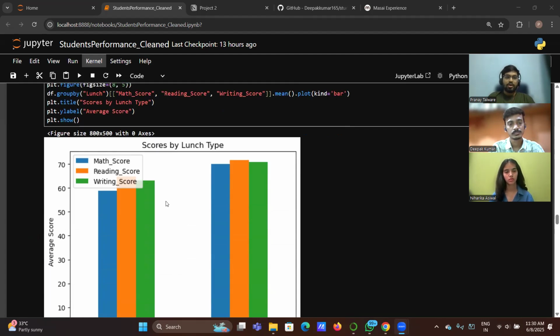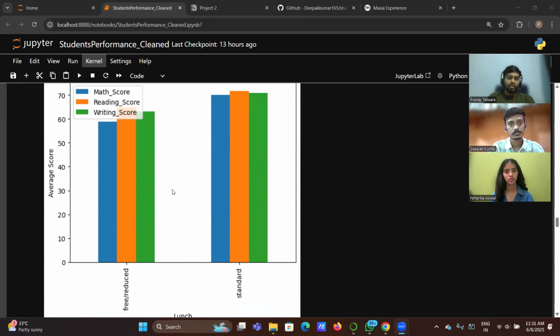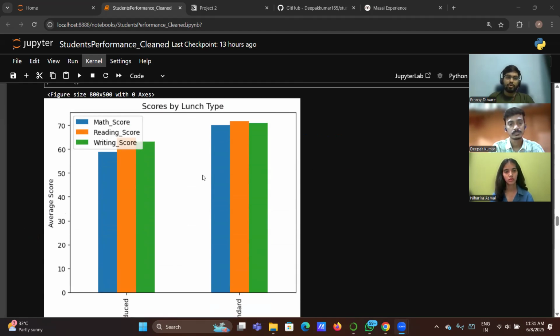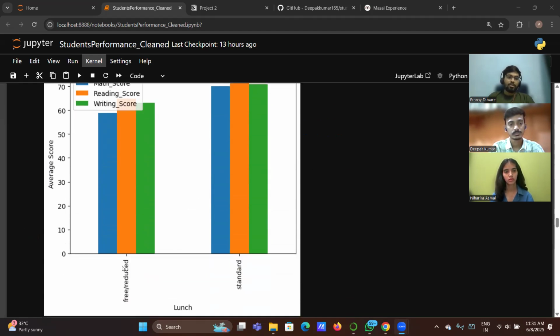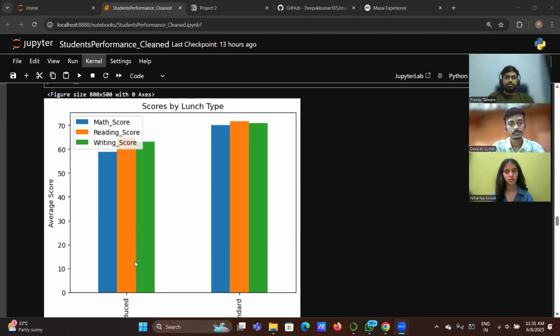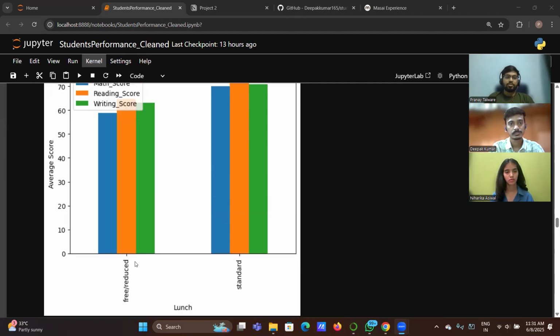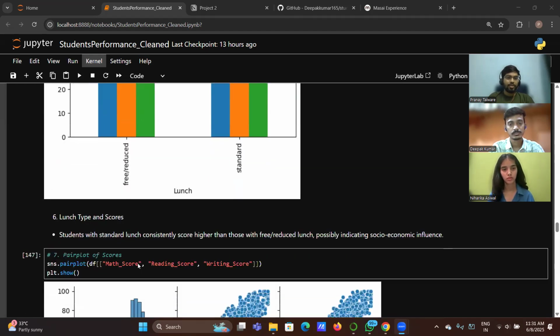On the basis of this visualization we can say that the students who are getting the standard meal are scoring more as compared to the students who get the free or reduced meal. So we need to change the meal plan for the students who got the free or reduced meal.